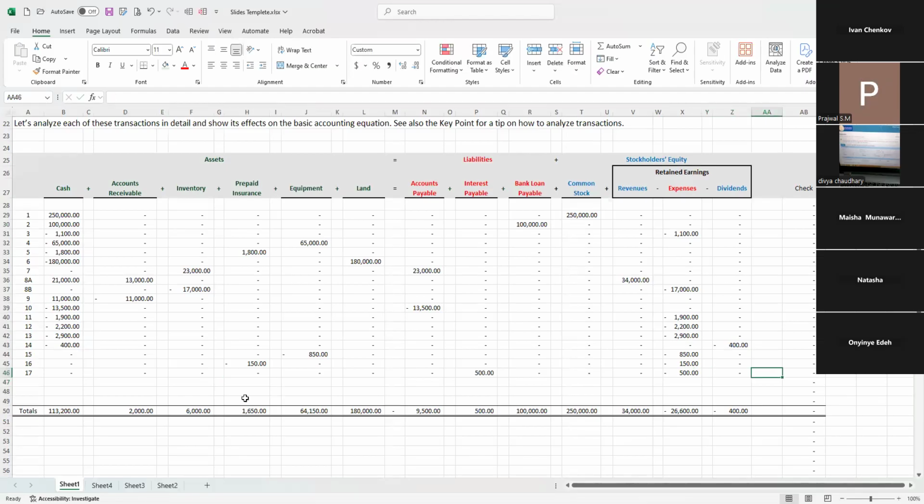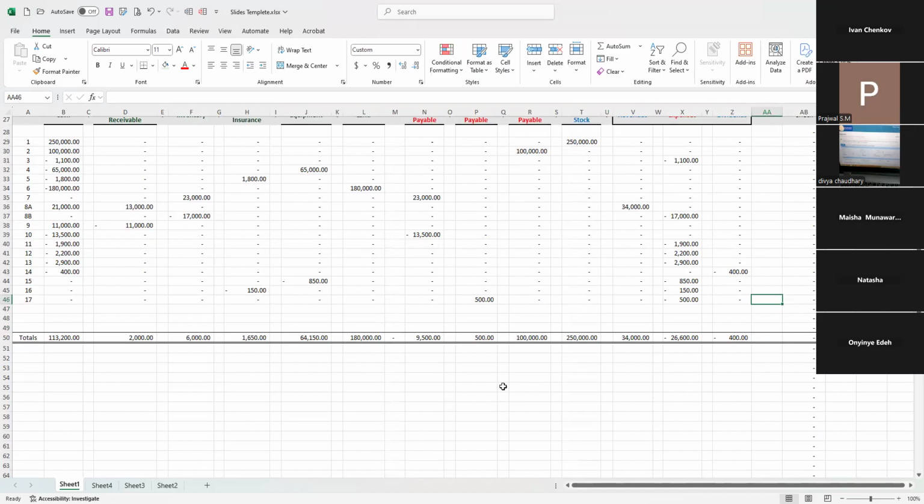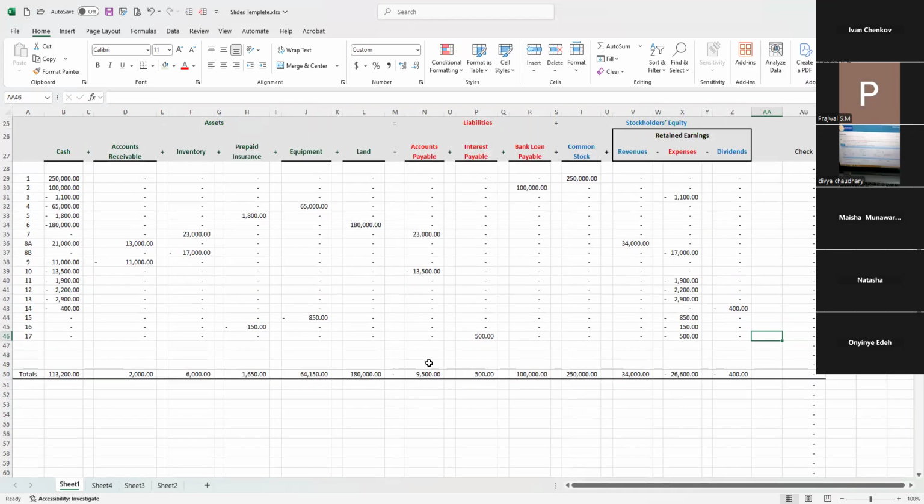Why is the interest payable positive? Because it's increasing our liability. Now I have to pay $500. If I put it negative, that means the bank has to pay me interest, which doesn't seem right. It's our liability, so it has to go up.